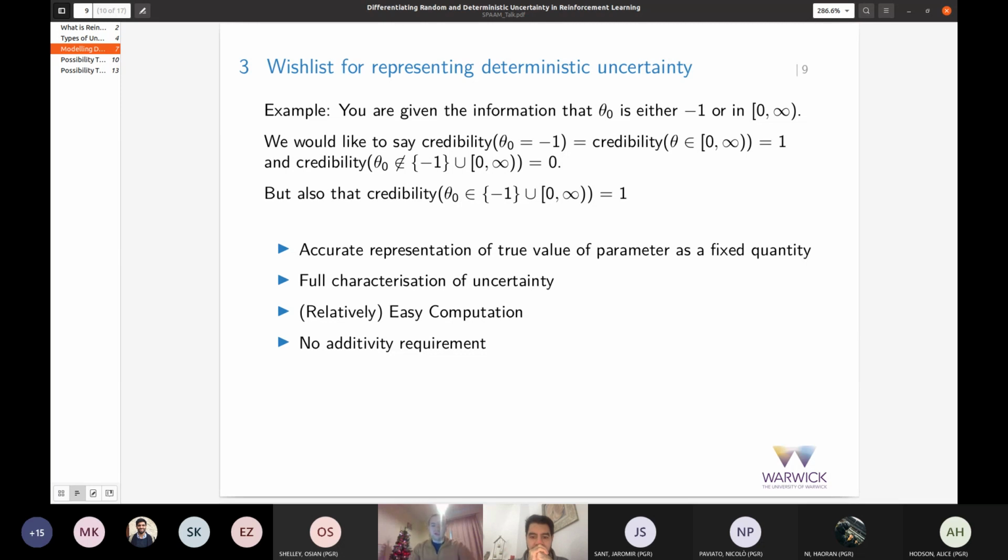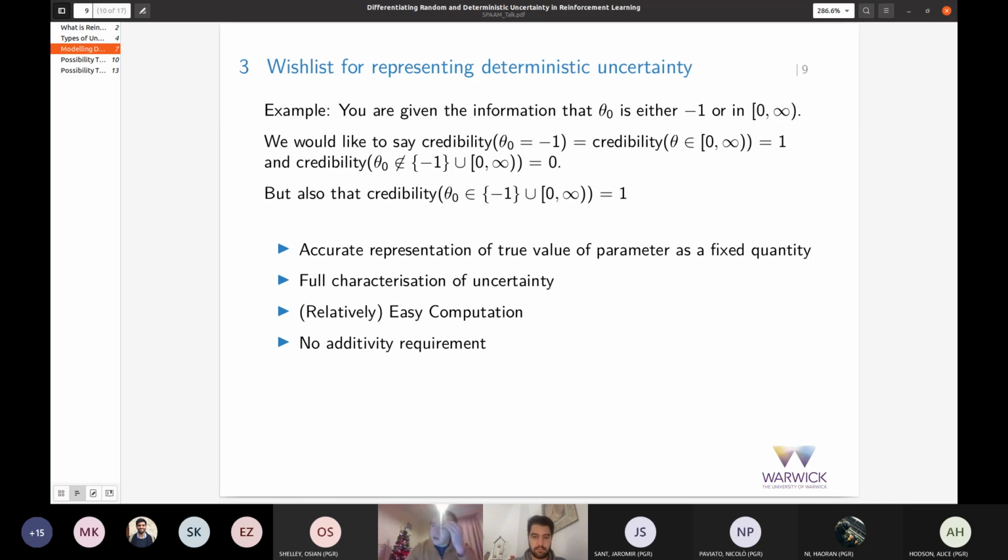What we would like to see is the credibility, that's how much information we have for or against something. So the credibility that theta naught is equal to -1: we have no information that that's not true, so we should give that credibility 1. And we have no information that theta naught is not in (0, infinity), so we should also give that credibility 1, and then give everywhere else credibility 0.